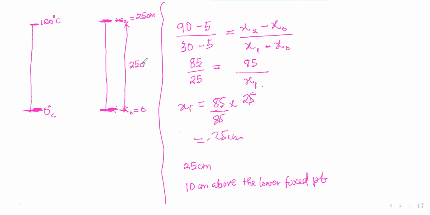Yes. So if we have a length of mercury which is 10 centimeter above the lower fixed point, so assuming this is x1, we are told this distance is 10 centimeter.